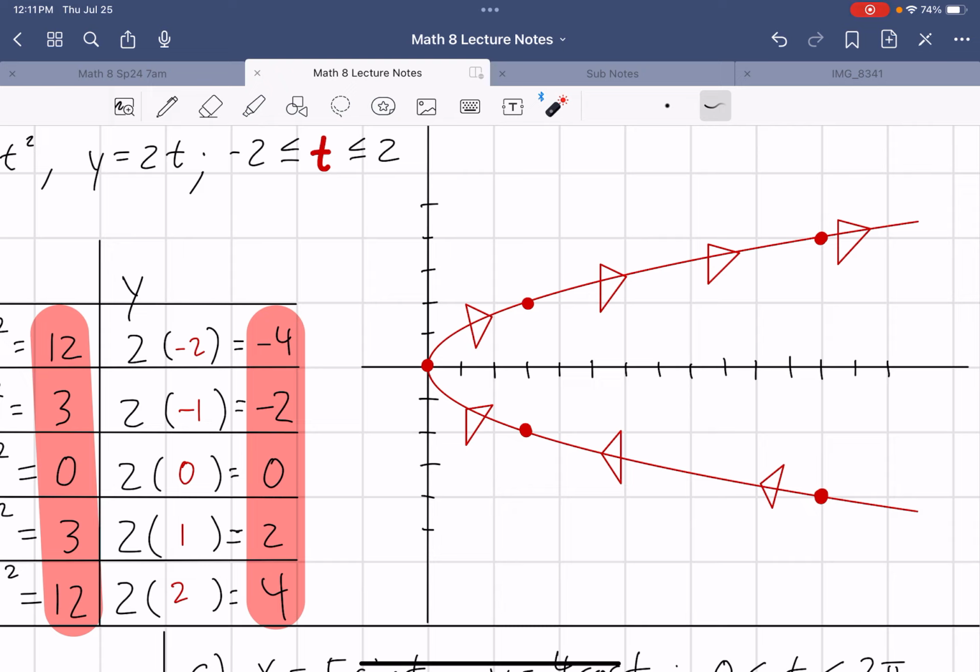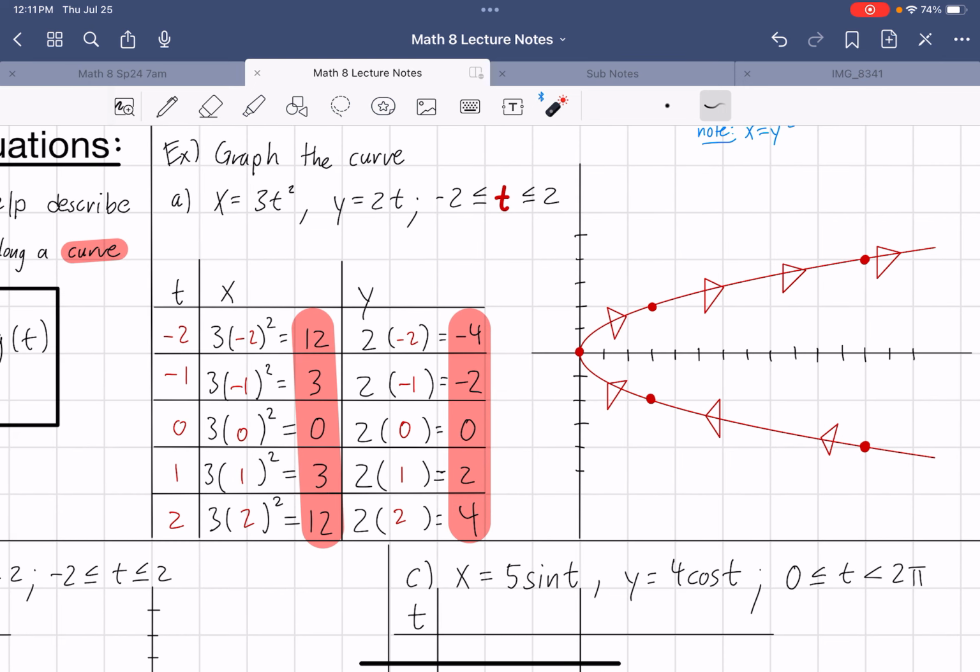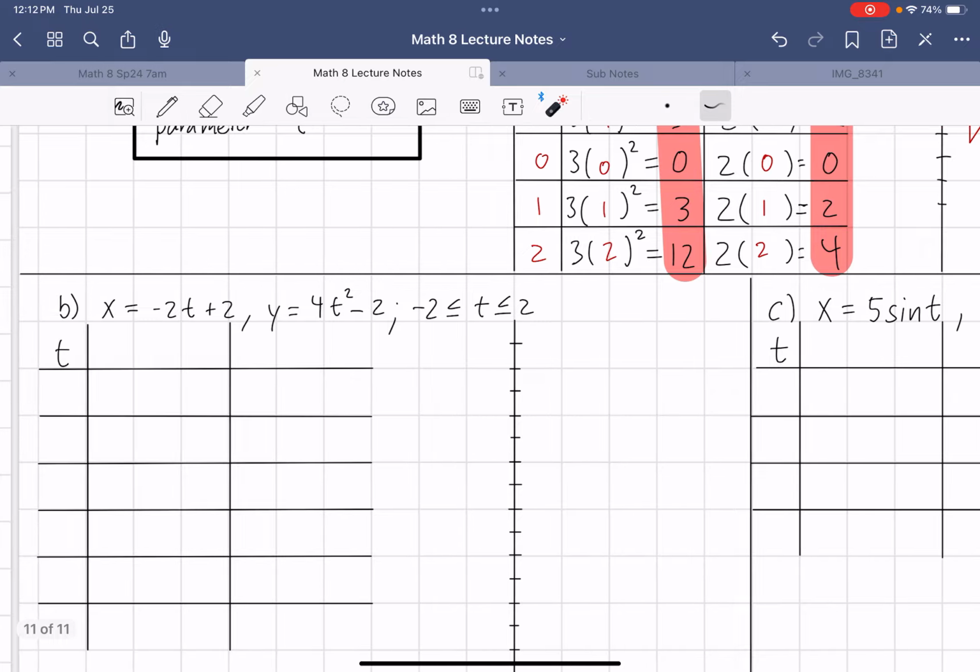Things have movement towards them. So this definitely helps us determine that movement, right? That direction. There's definitely a difference between, if you want to call it a push versus pull concept, right? So the idea is that we can now sketch a graph, and then determine its movement, whatever that might be useful for.